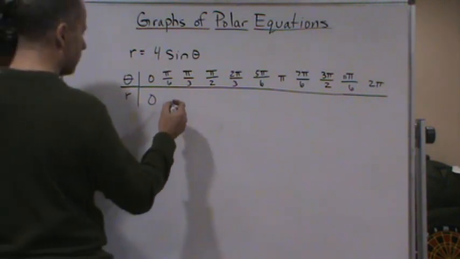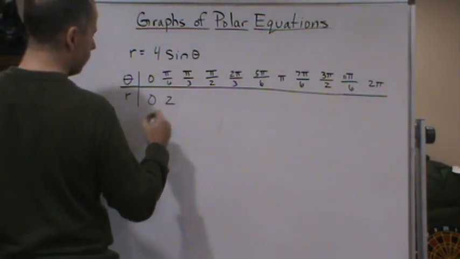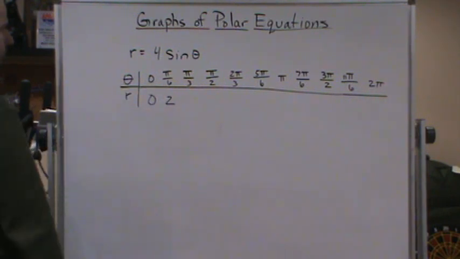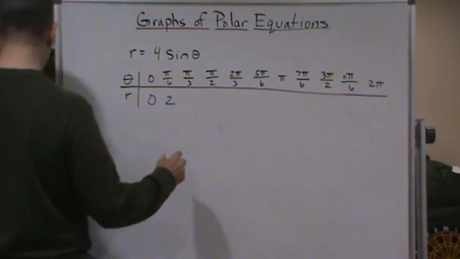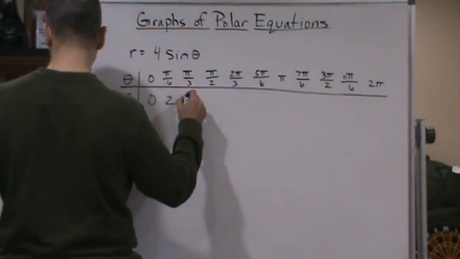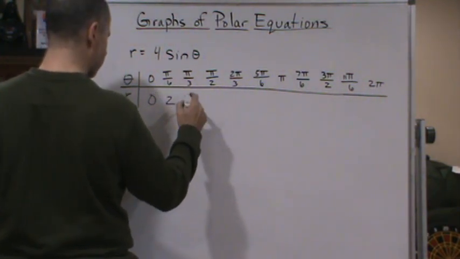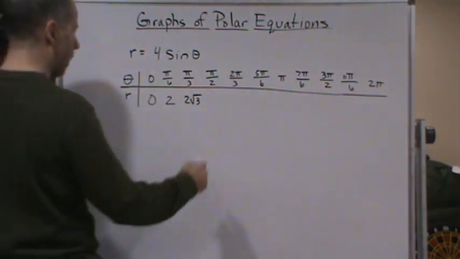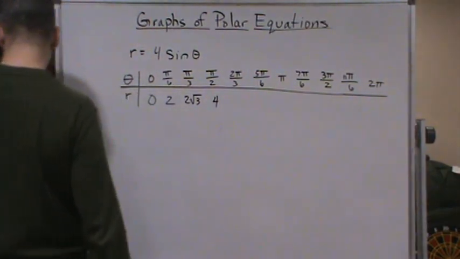When theta is pi over 6, r is 2. When theta is pi over 3, we get 2 root 3. And then at pi over 2, we get 4.